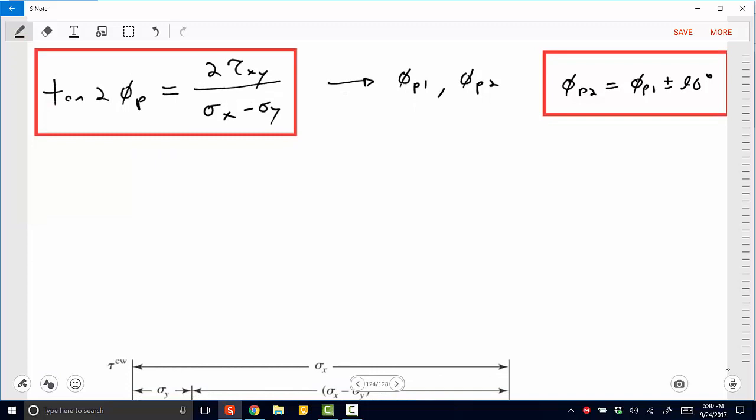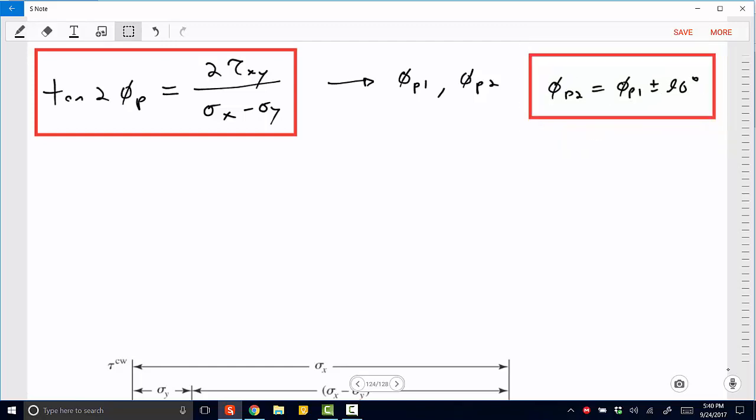Now when we take these two angles, once we've found them, and plug them back into the normal stress and shear stress equations, those forms for an arbitrary angled cut of a 2D element, we're able to find the values of our principal stress.